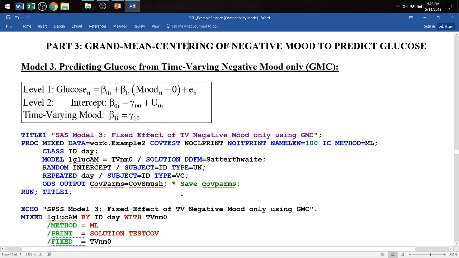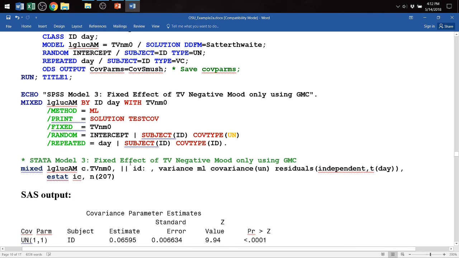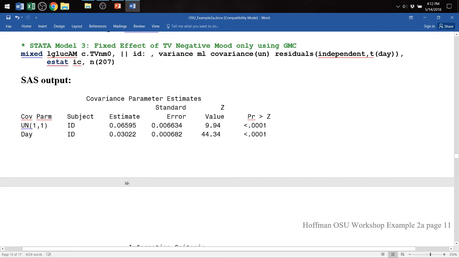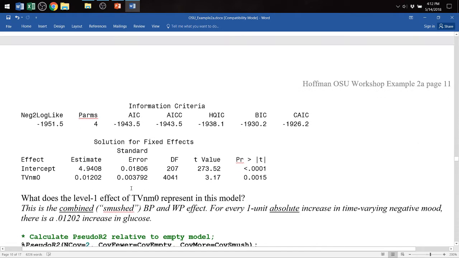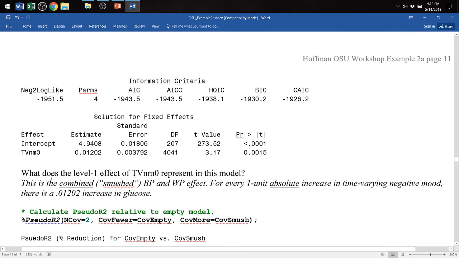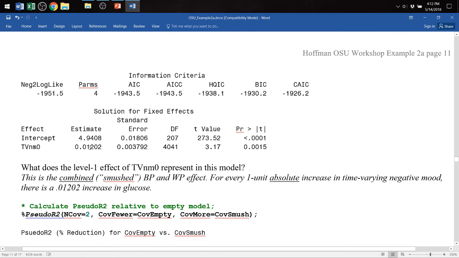First model, what not to do. First model puts time-varying negative mood in the model all alone, thinking, well, it's a level 1 predictor, I'll put it in the model. The coefficient you get back is pretty much the within effect.